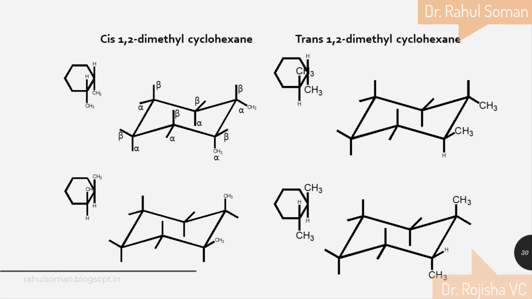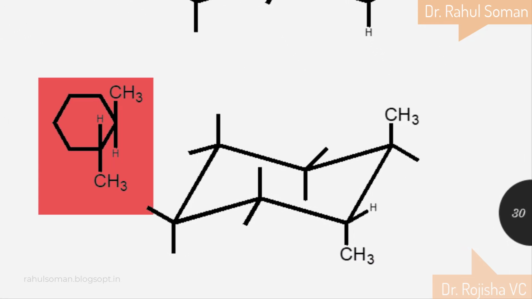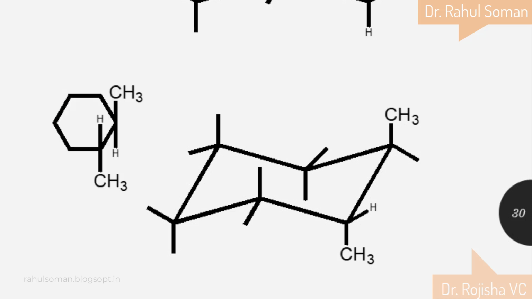In the case of trans 1,2-dimethyl, one will be an alpha bond and the other a beta bond. First let us write the CH3 in the alpha position and the CH3 in the beta position. The other case can be beta alpha, but that will not exist, because it places both CH3 groups in the axial position, which is energetically not favorable because of 1,3-diaxial interactions, top and bottom.